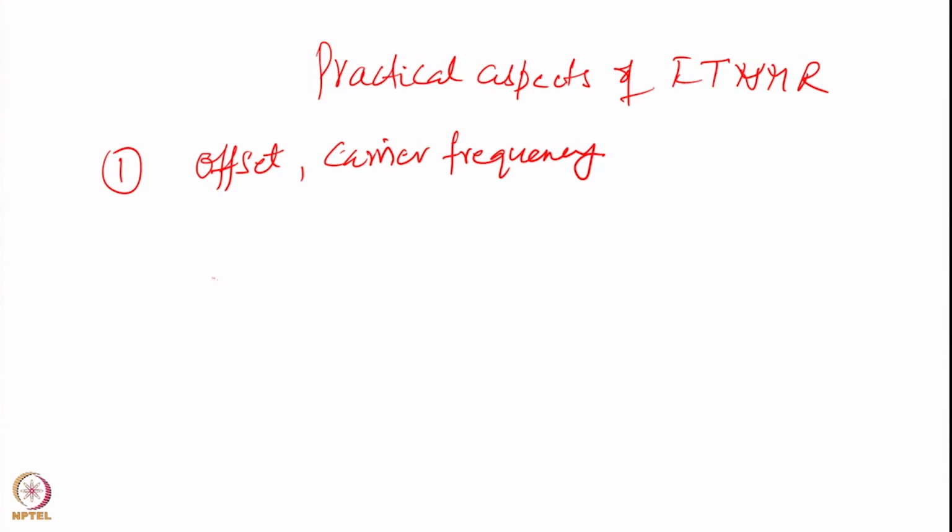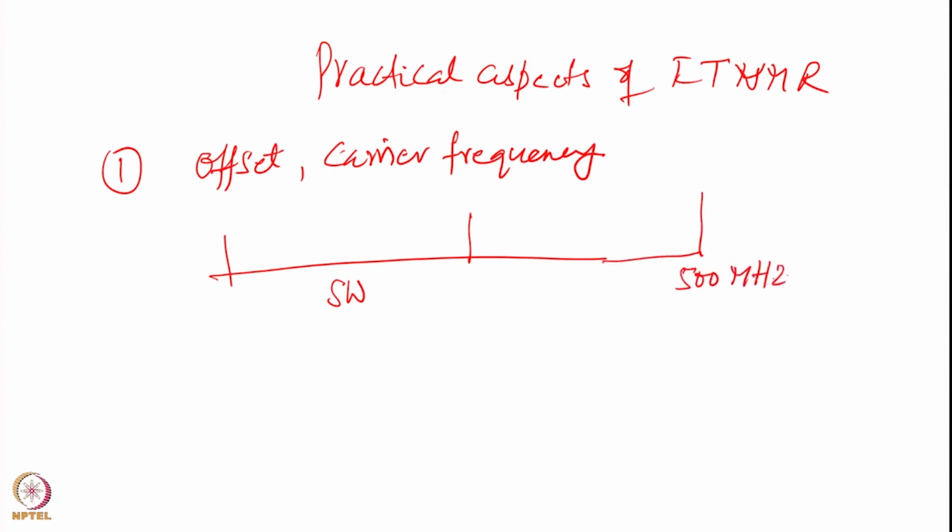So, let us say I have a spectral region from here to here, this is my spectral region, and my spectrometer frequency is somewhere here, let us say this is 500 megahertz. If I am monitoring the protons, the actual region of the spectra is here, which is somewhat away from here.